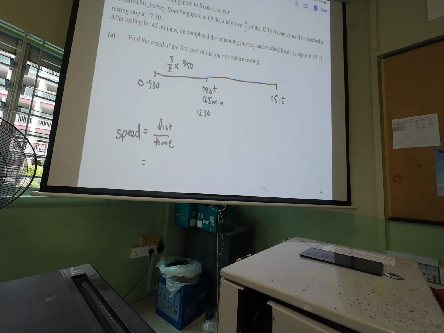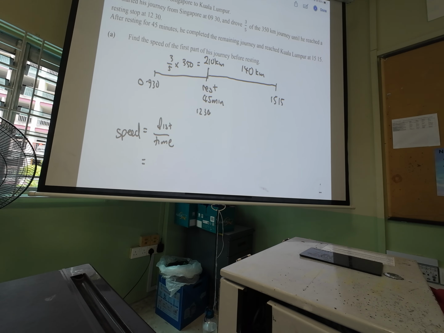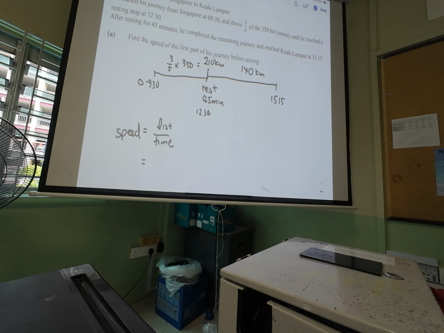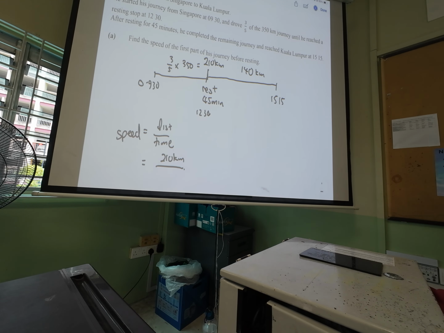Okay? So the distance itself is 210 kilometers. Then the remaining will be 140 kilometers. So this first part is 210 kilometers. So I must take 210 kilometers divided by how many hours it took.